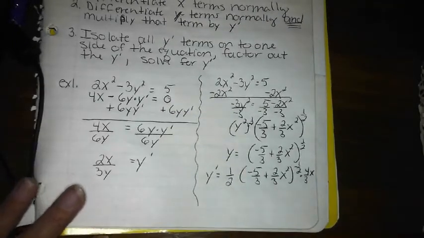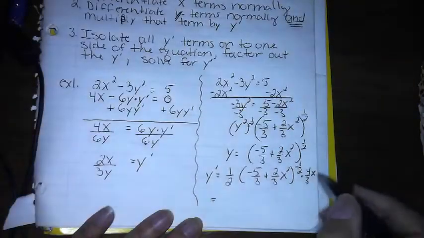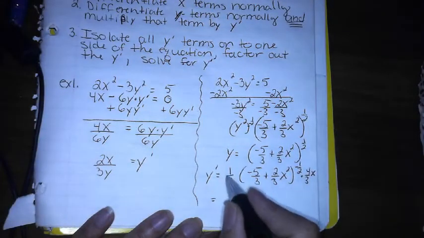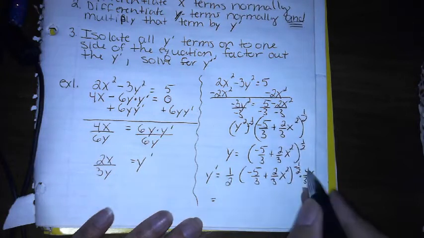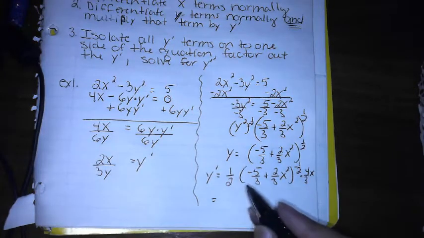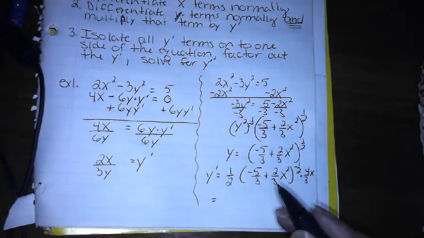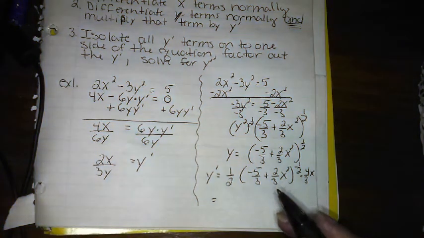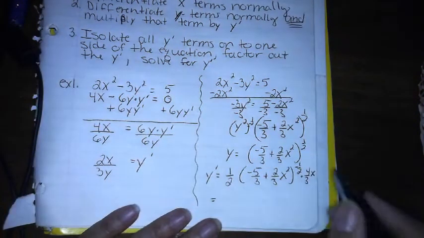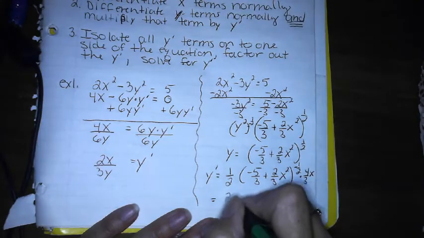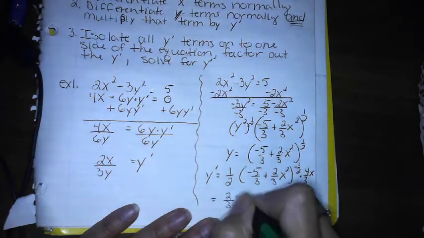So in simplifying, this 4/3 x is going to come to the front here, and the 2 and the 4 will reduce. So that will give us 2/3 x.